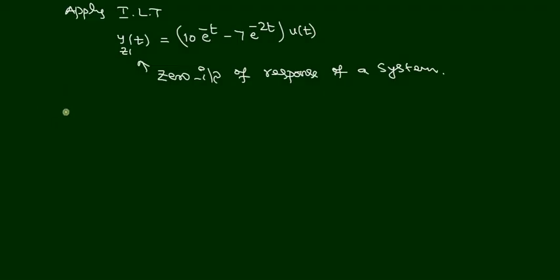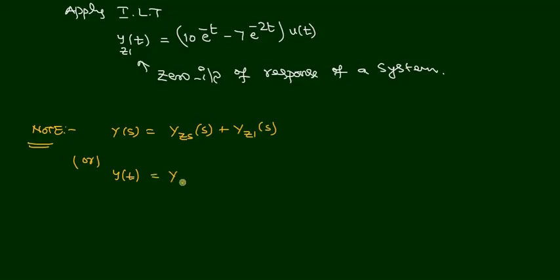Total response Y(s) equals zero state response plus zero input response, or in the time domain, y(t) equals y_zs(t) plus y_zi(t).